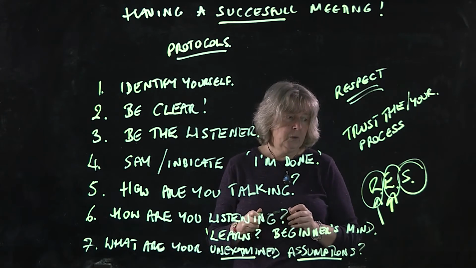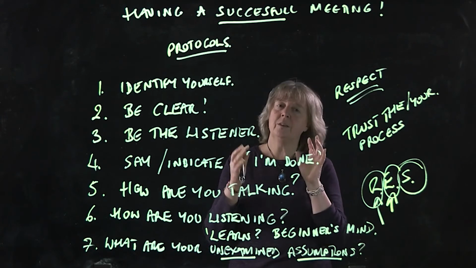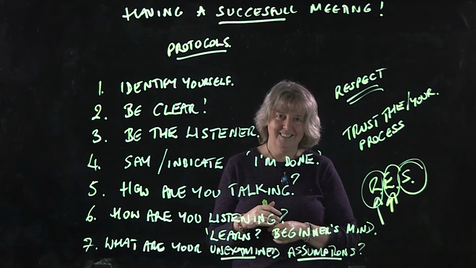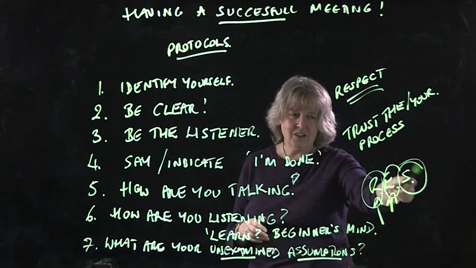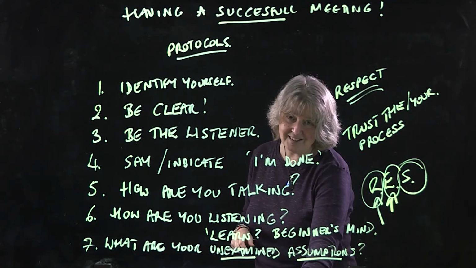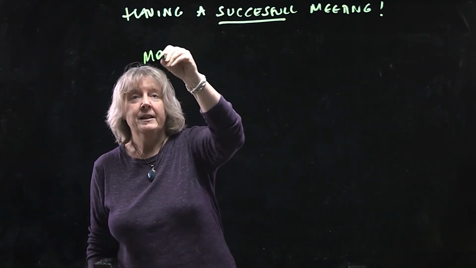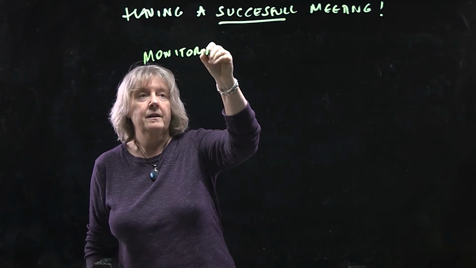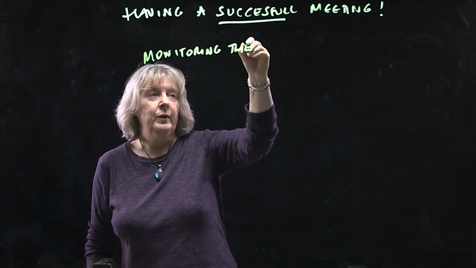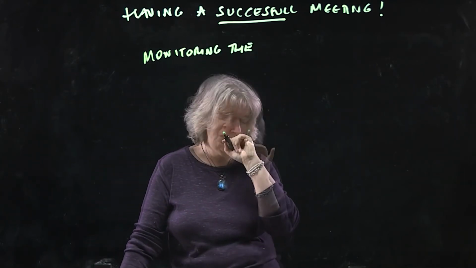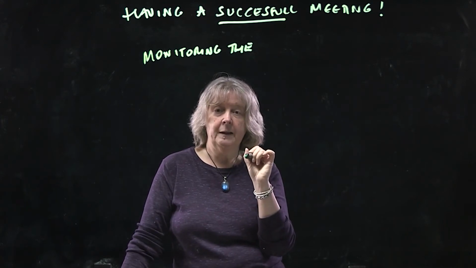So the next one we're going to go on to is monitoring the flow of the meeting. And this really directly relates to rational, emotional, and sensory. So here we are. Now we're going to be looking at monitoring the flow. And this is where we're really getting into the special nature of dynamic emergence.